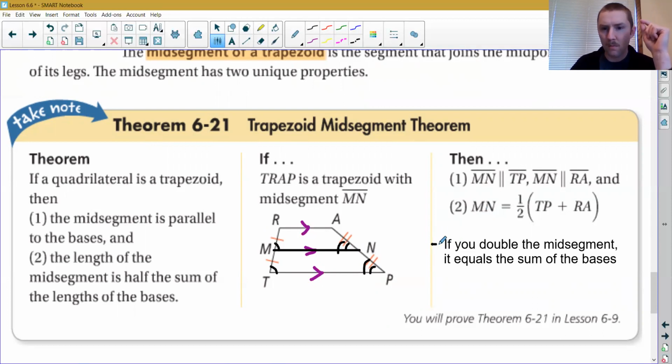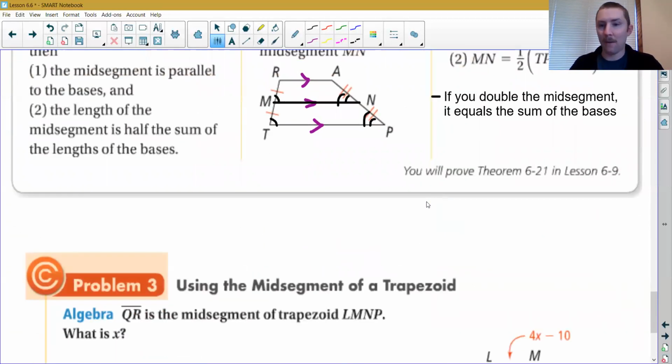If you double the mid-segment length, it equals the two bases added together. So 2 times the mid-segment length is equal to the two bases added together. All right, so those are the two things that we know about trapezoid mid-segments from the trapezoid mid-segment theorem. What you're going to have to do with that in your practice problems is algebra.